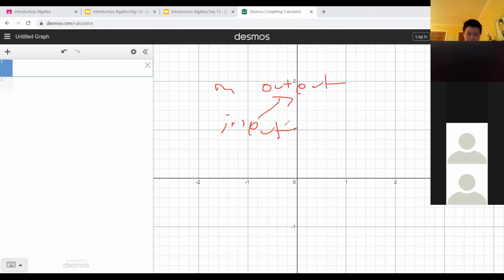And inputs can't have multiple outputs, but outputs can share multiple inputs. This class is being recorded, so you can review more in detail later. But what about shifting up and down?